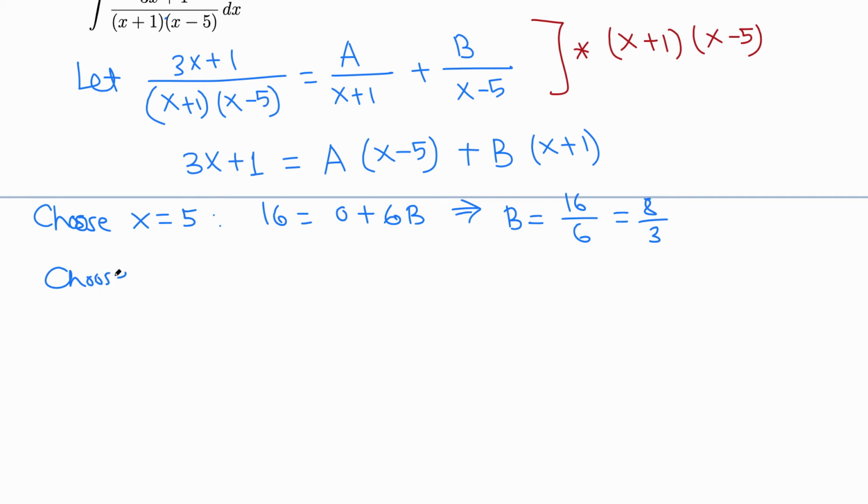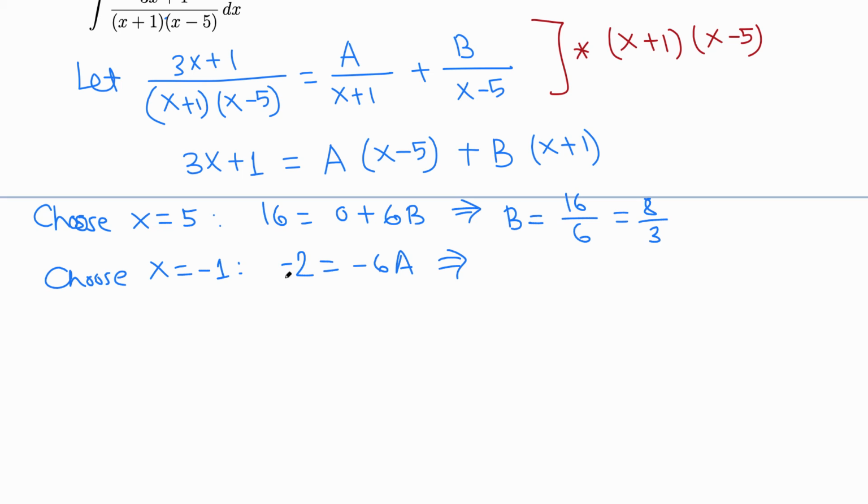Next we choose x equals negative 1. 3 times negative 1 is negative 3, plus 1, negative 2. Negative 1 minus 5 is negative 6, so negative 6A, plus negative 1 plus 1, which is 0. This is 0.